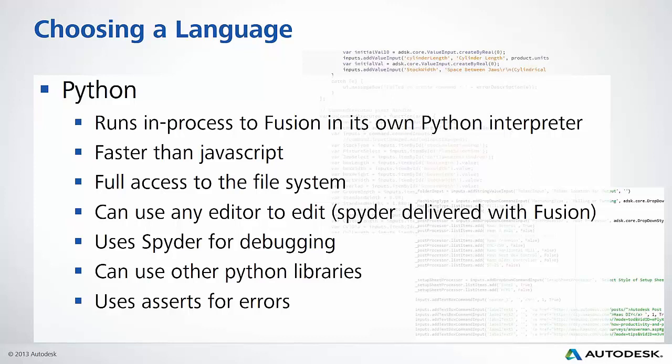You can use other Python libraries, which I'll actually show as well. That one's more for, like, if I want to choose a file location to store something, there's a different Python library called tkinter that I use to pull up a file dialog browser, and then it uses asserts for its own errors.